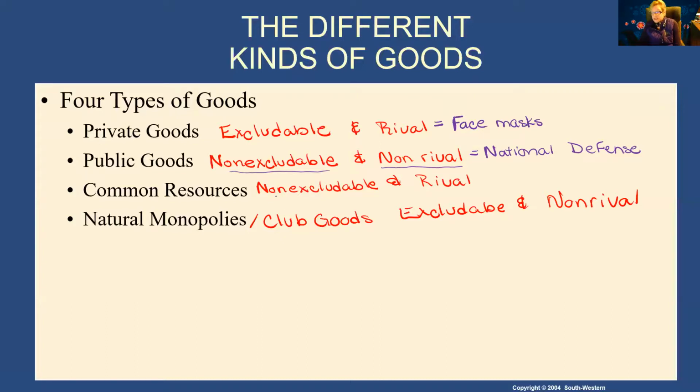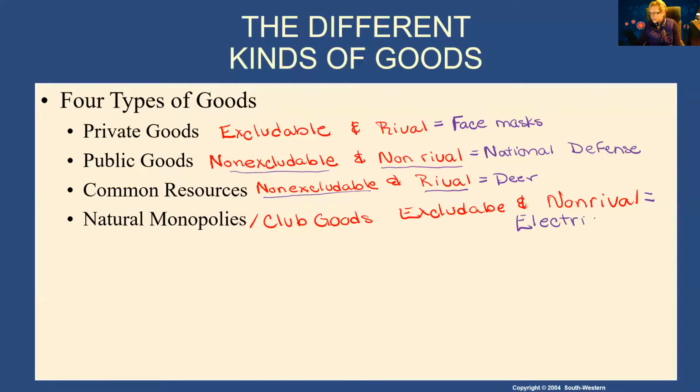Common resources, an example of a common resource would be deer, right? I see my deer nightly in my yard. So deer. Here, we can't really prevent someone from having deer in their yard. But if everyone hunts deer, it means there's less deer that people will enjoy, be it hunting or photography, what have you. Club goods, probably one of the best examples of club goods is electricity.